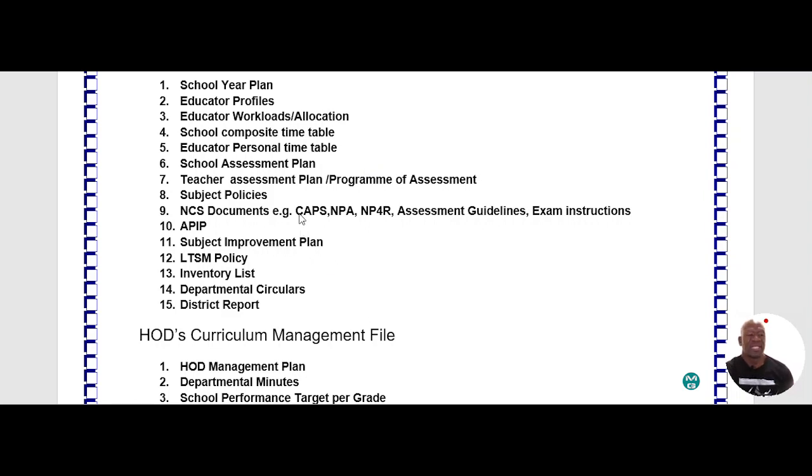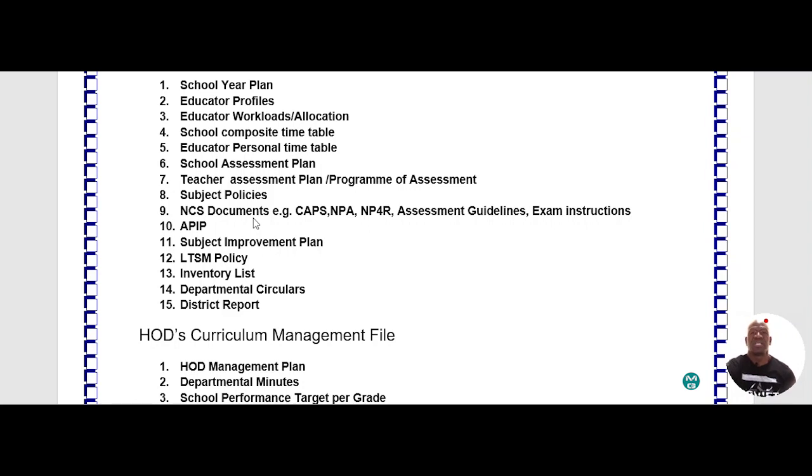Moving right along, the next one is the one that speaks to the NCS documents. These are some of the documents that are supposed to be contained in the HOD file in terms of the master file section. So when we talk of the NCS documents, for example, we talk about the CAPS document, as you can see indicated here, the Curriculum and Assessment Policy Statement, of the different subjects that are being led by the HOD.